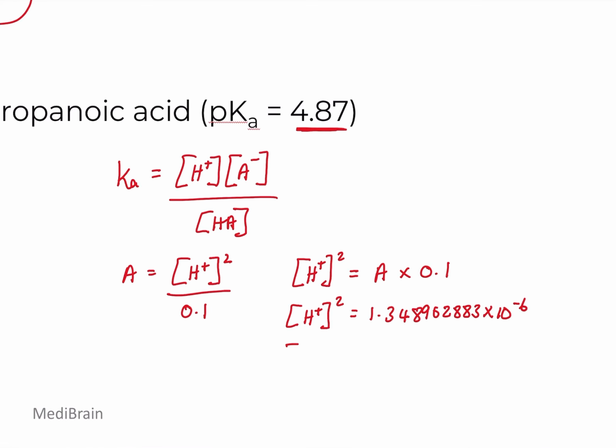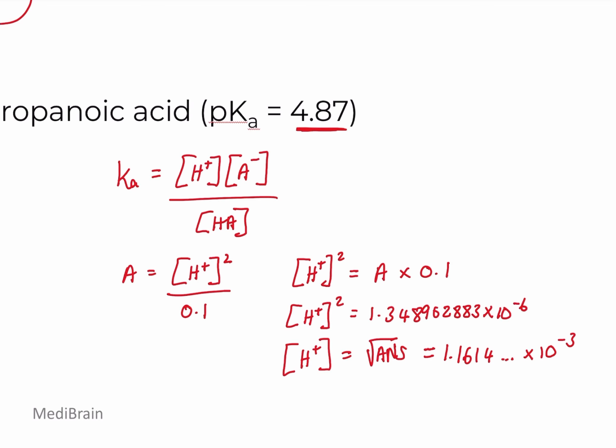And then we can square root our answer to get the H plus concentration, which is equal to 1.1614 times 10 to the power of negative 3.